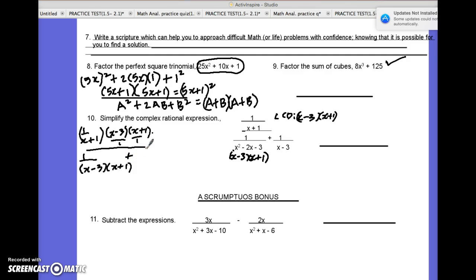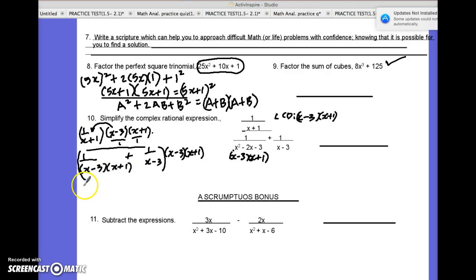Plus 1 over x minus 3, and then times now the LCD, which is x minus 3 times x plus 1. So I'm going to take this LCD and multiply it by the 1 over 1 plus x.